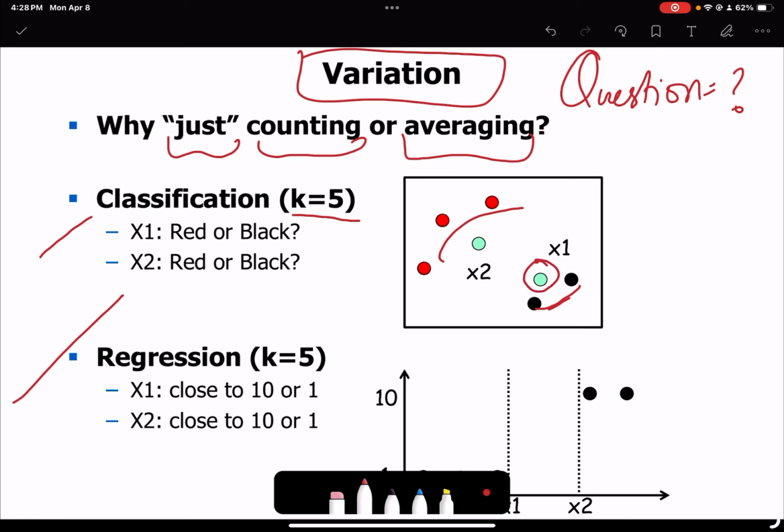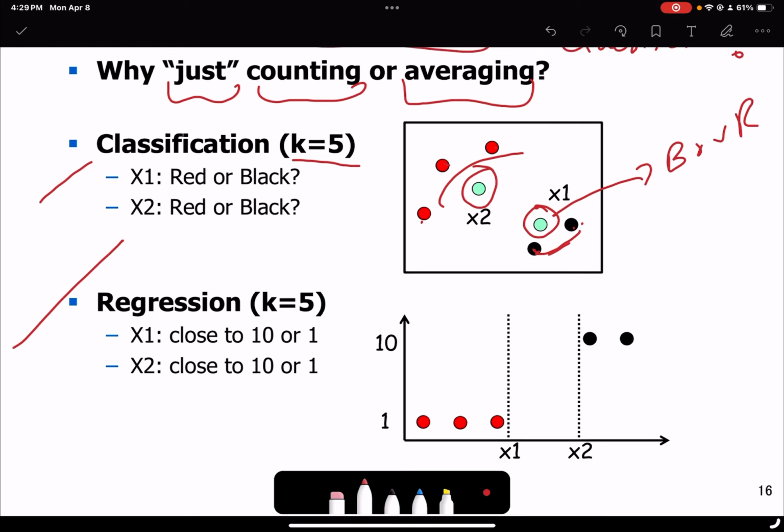Does this belong to black or red? We have 5 points, 3 red and 2 black. So what does this belong to? Again, in the case of x2, if we are considering 5 neighbors, what does this belong to in this type of problem?